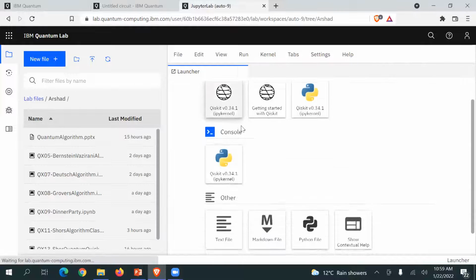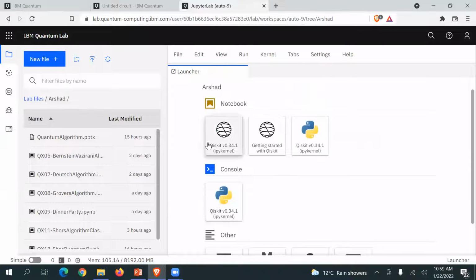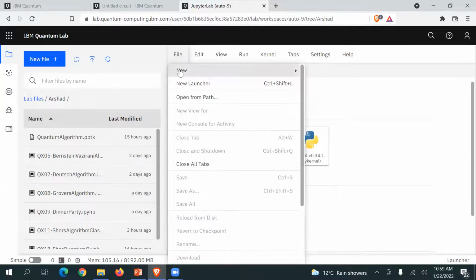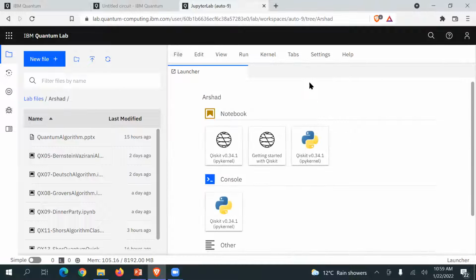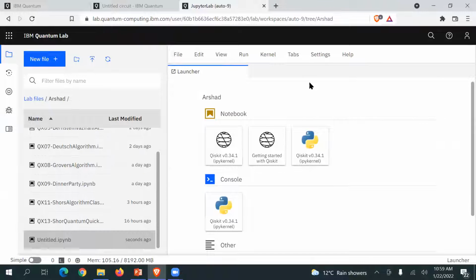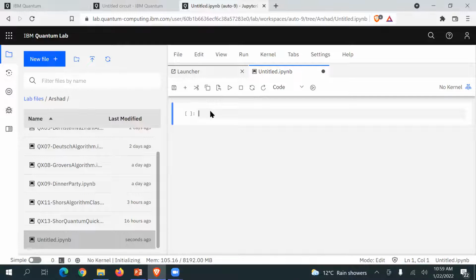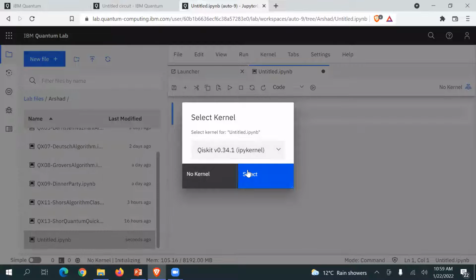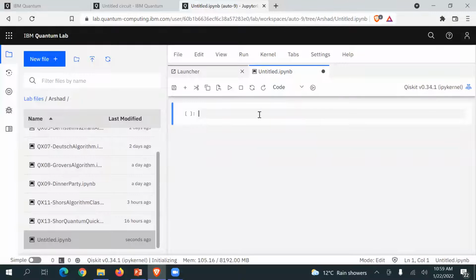This is a complete session where you can launch your Qiskit notebooks and write your algorithms here. If you launch a new notebook, you can write all your code here, and you can execute the things. So now we will go through all the algorithms one by one.